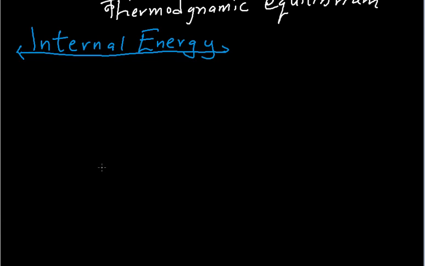So the question is, how do we define internal energy? By symbol, we use capital letter U to represent internal energy. Internal energy is defined as the total sum, the summation, of all types of energy.